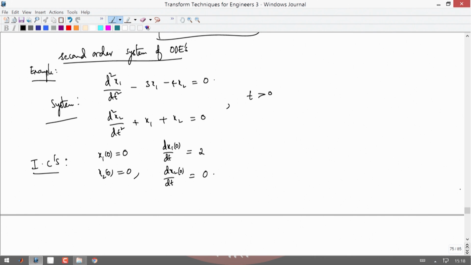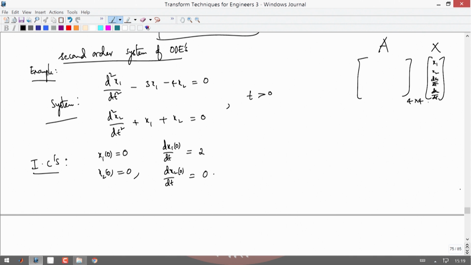You can reduce this to a 4 by 4 system, with unknowns x1, x2, and x1 dash, x2 dash, that means dx1 by dt and dx2 by dt. With these unknowns you can make a first order system. This is your new x, this is your A, and there is a procedure to make that.